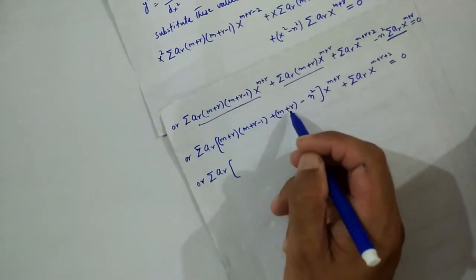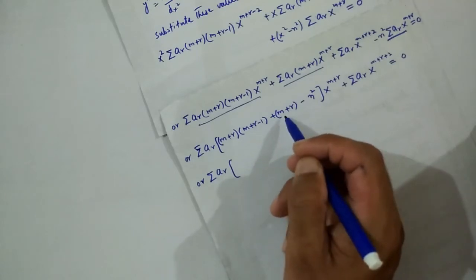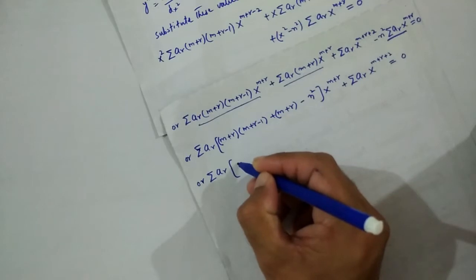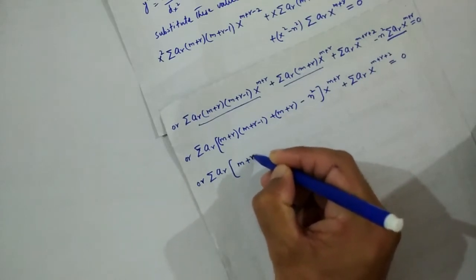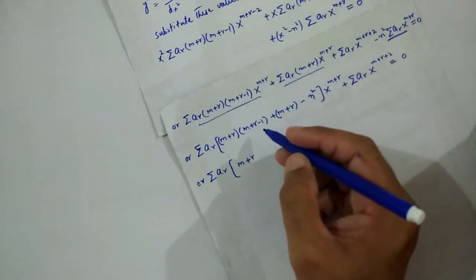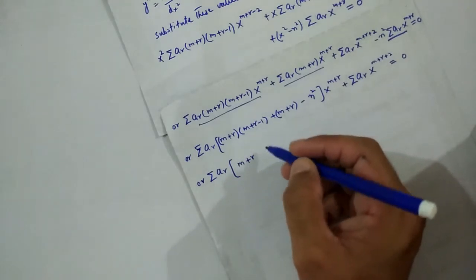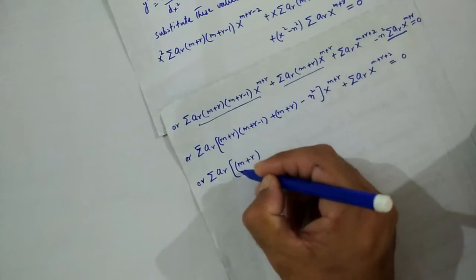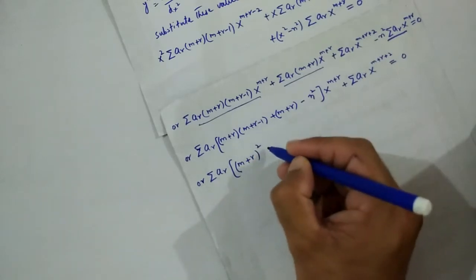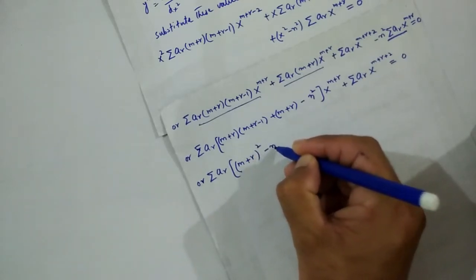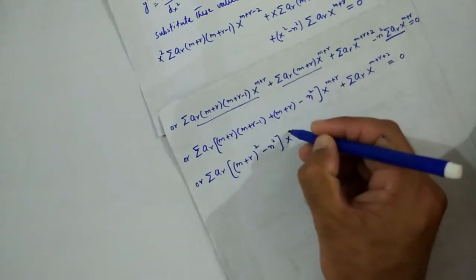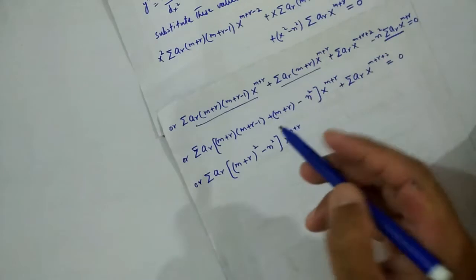That m plus r and minus m plus r and plus m plus r will be cancelled, and we will be left with m plus r square minus n square into x to the power m plus r.